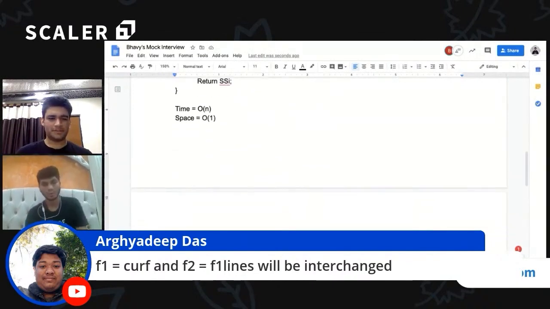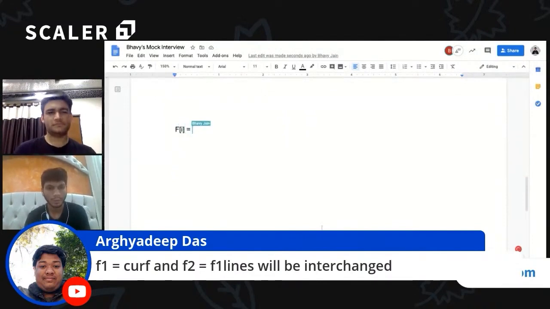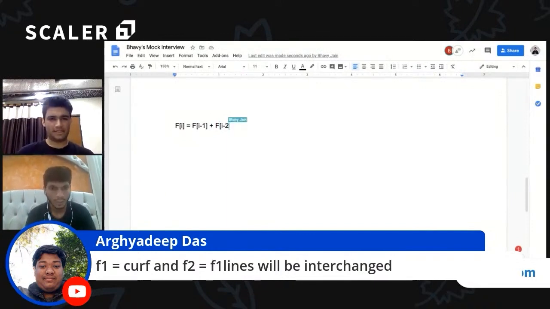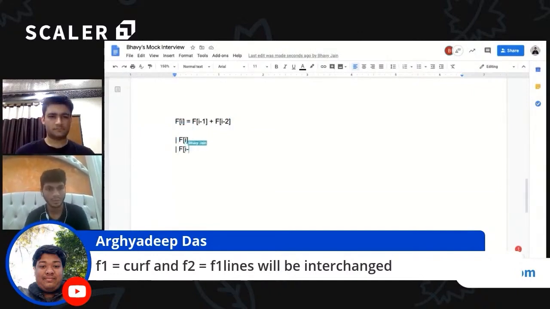Okay. So we know that Fibonacci numbers follow the recurrence f of I equal to f of I minus 1 plus f of I minus 2. Right. So let's try to represent it in terms of matrices. So this is f of I, this is f of I minus 1.